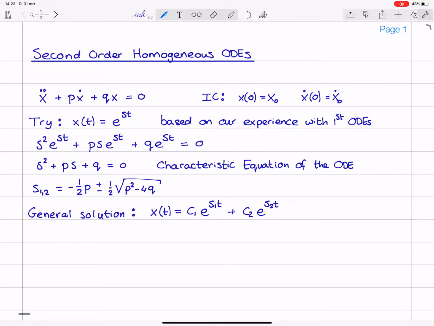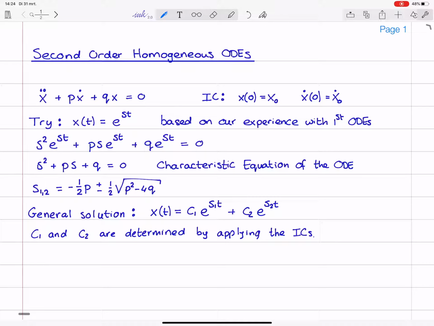Alright, and the coefficients c1 and c2 are determined by applying the initial conditions. So I will not do that here, but you can imagine that you have two equations for two unknowns, namely the two initial conditions should be satisfied, and that determines c1 and c2. All right, so this is the general strategy, I would say.